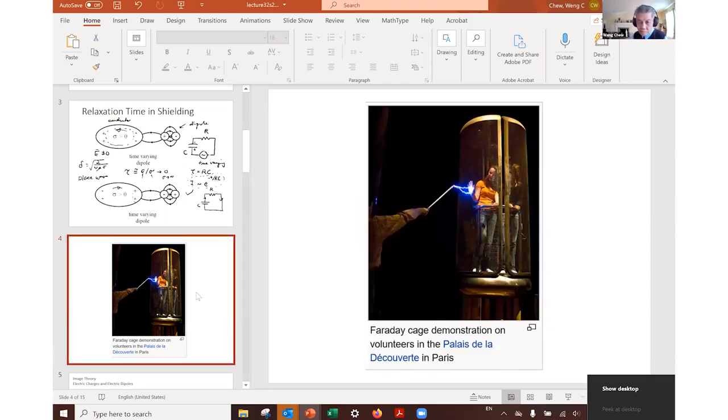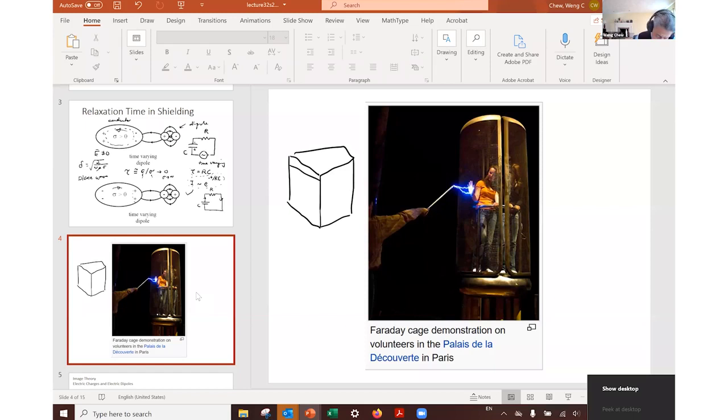So we come to an interesting demonstration of a Faraday cage. A Faraday cage is just a cage made of wire mesh. You can actually make a cage out of chicken coop wire. There could be very, very big holes on the side of the cage and on the top of the cage as well.